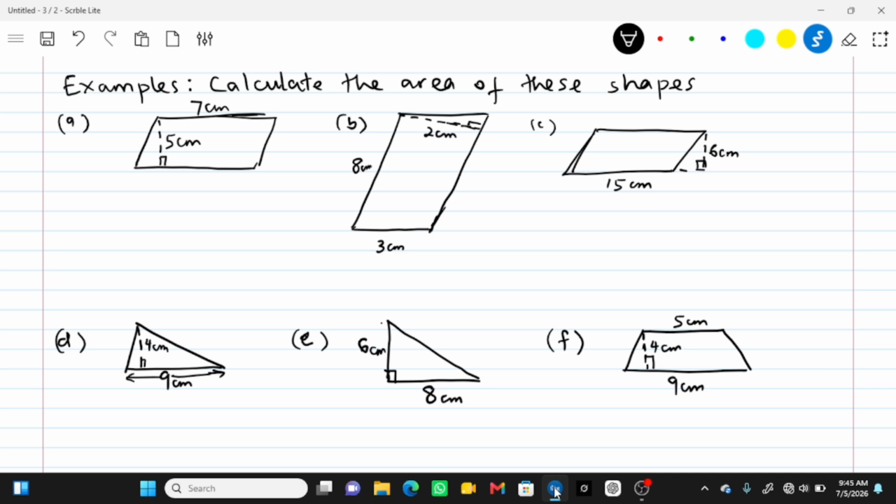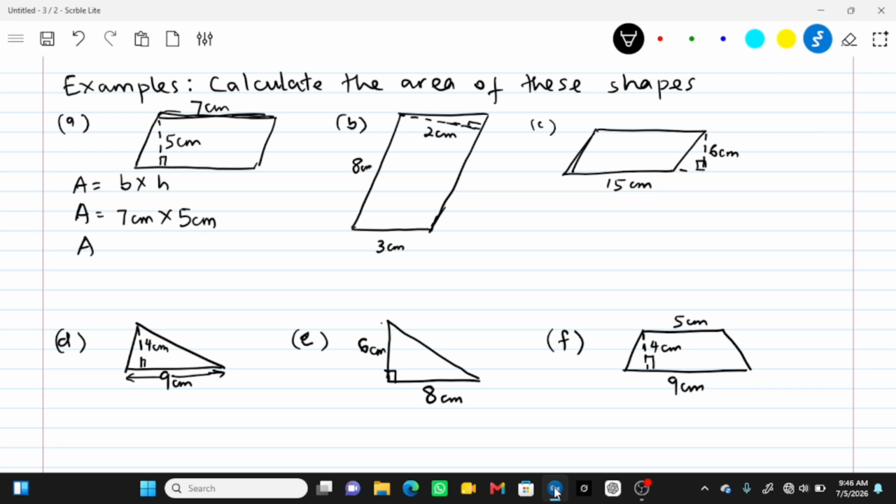So let's calculate the areas of these shapes. The first one is a parallelogram. So the area will be the base times height. The base is 7 centimeters. So the area will be 7 centimeters multiplied by the vertical or perpendicular height, that is 5 centimeters.